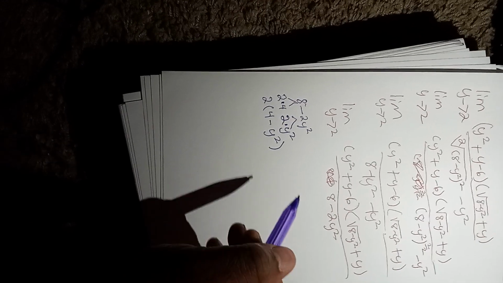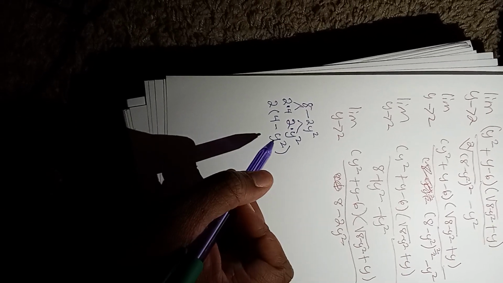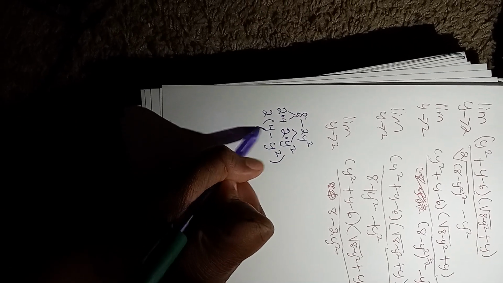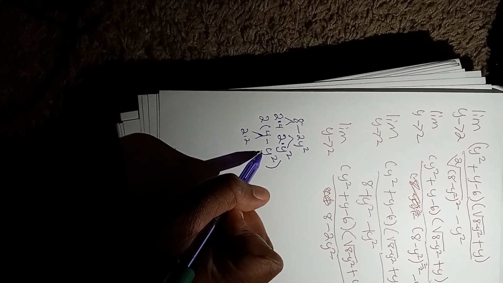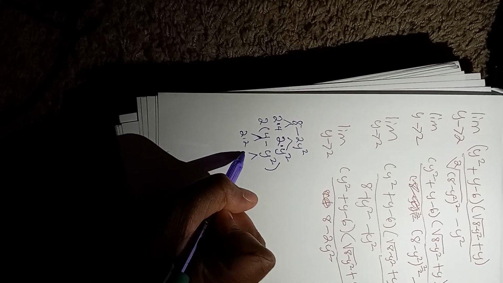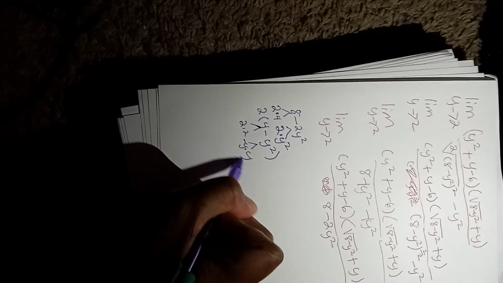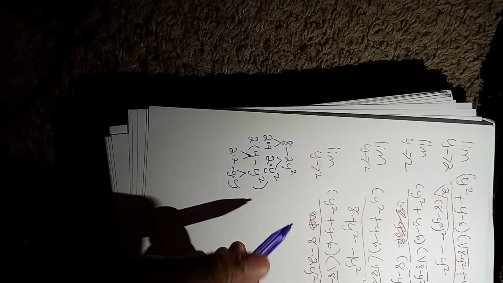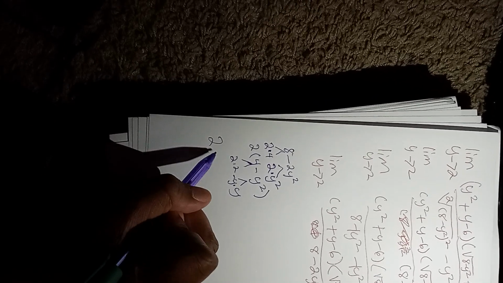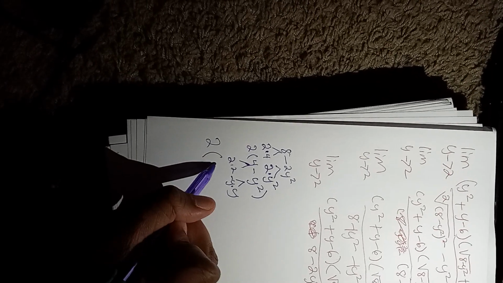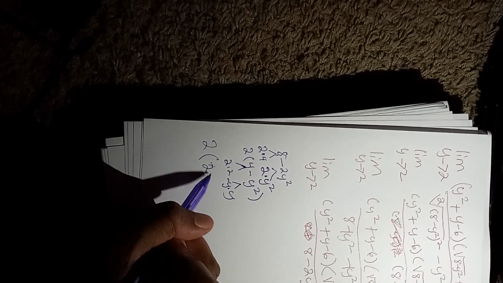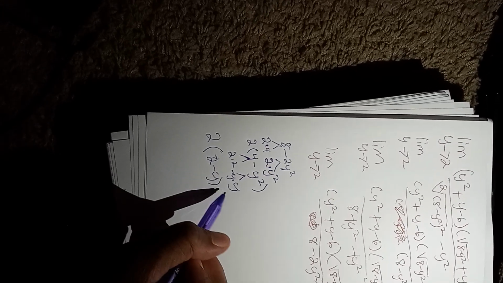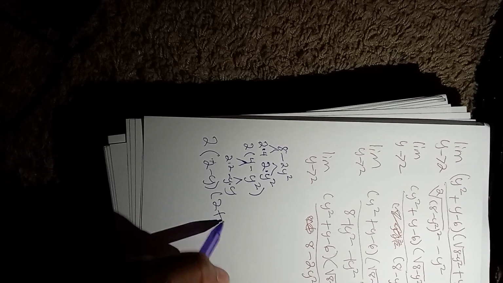And so now we have a difference of squares here. So 4 is 2 times 2. And here we have minus y times y. So it's going to be 2 on the outside times 2 minus y, and then 2 plus y.